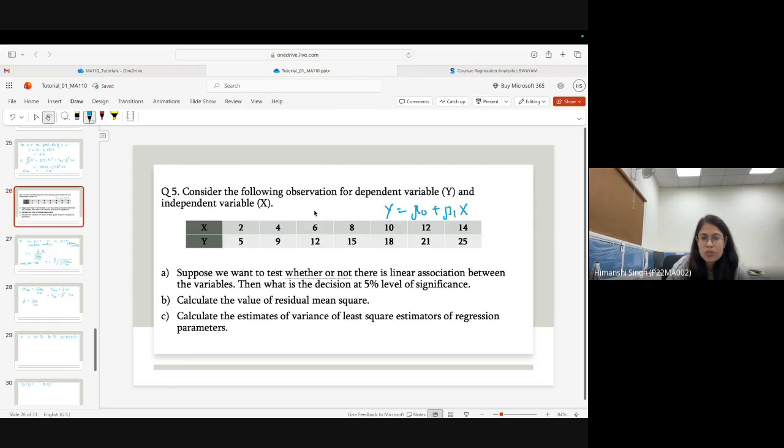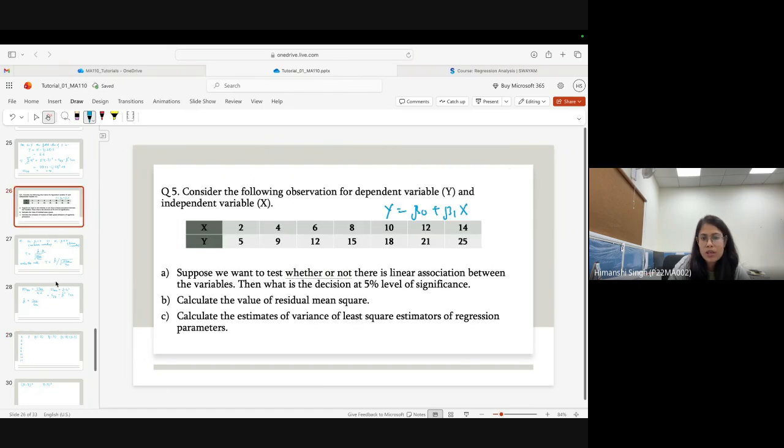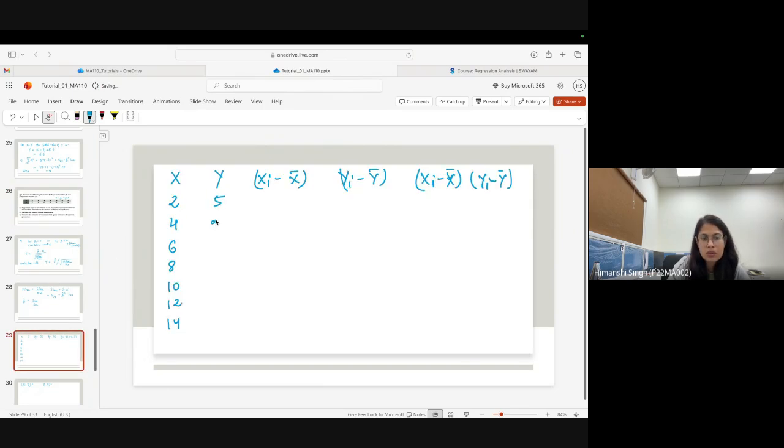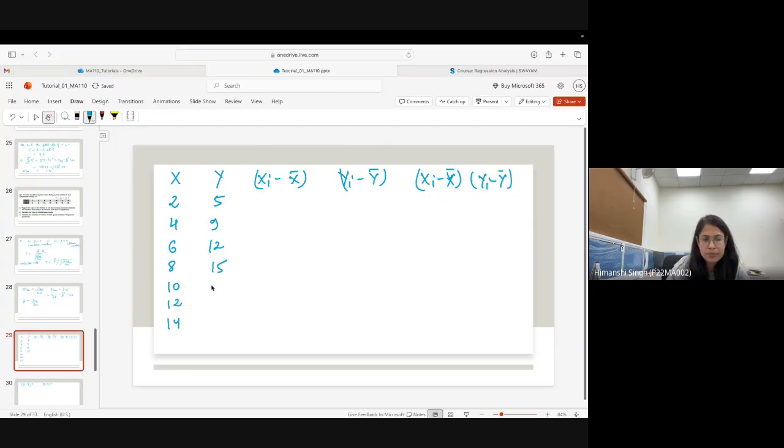So what is the data? X is 2, 4, 6, 8, 10, 12, 14. Y is 5, 9, 12, 15, 18, 21, 25.